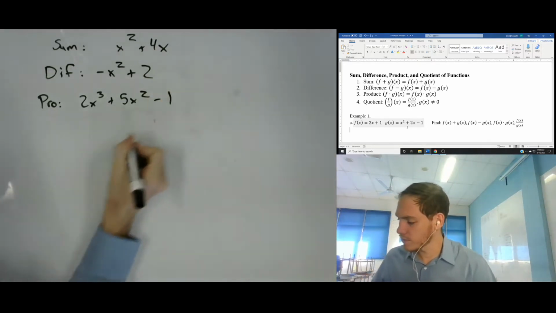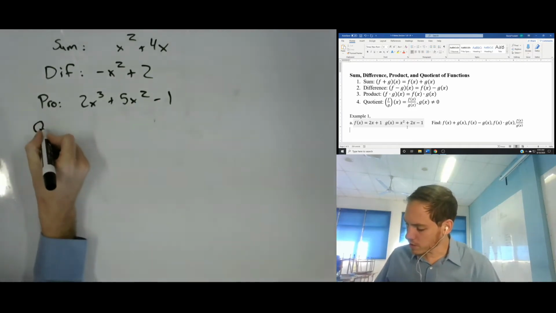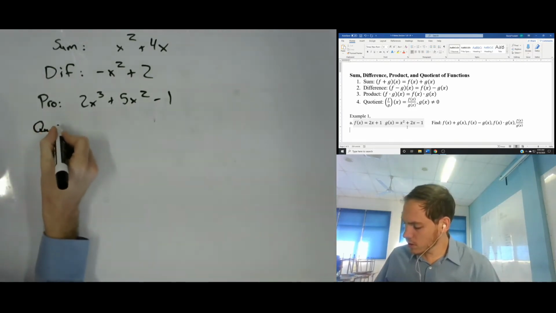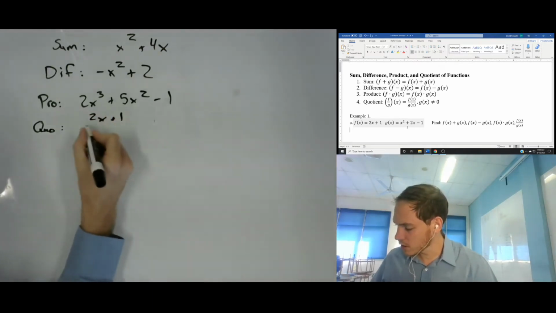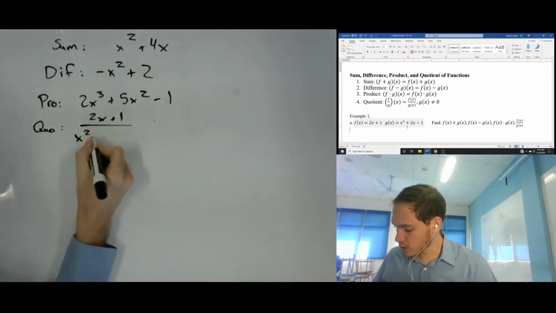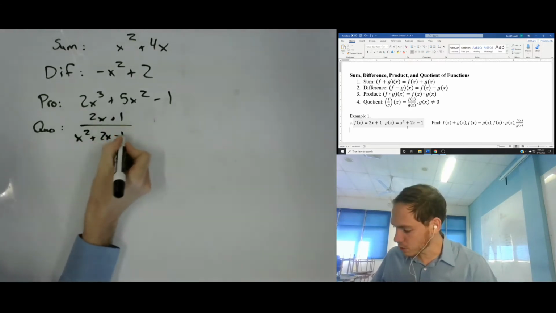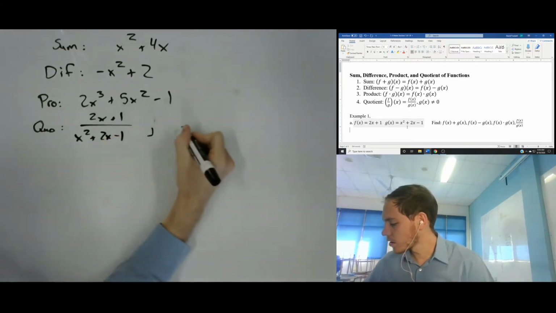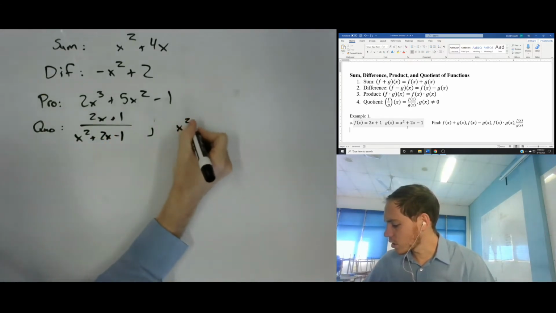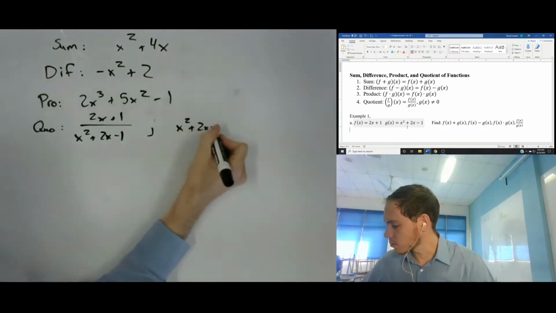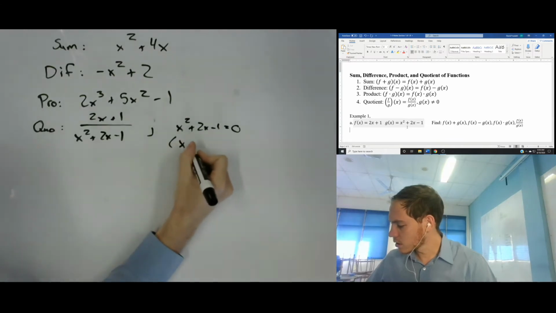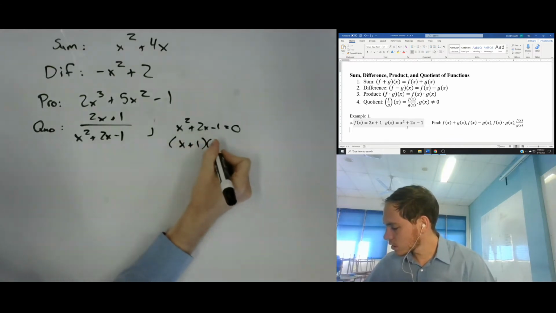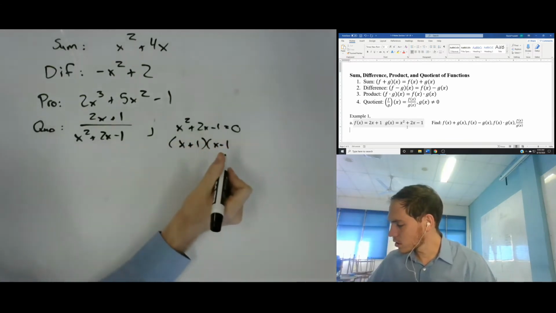And the quotient is going to be 2x plus 1 over x squared plus 2x minus 1, where x squared plus 2x minus 1 cannot equal 0.